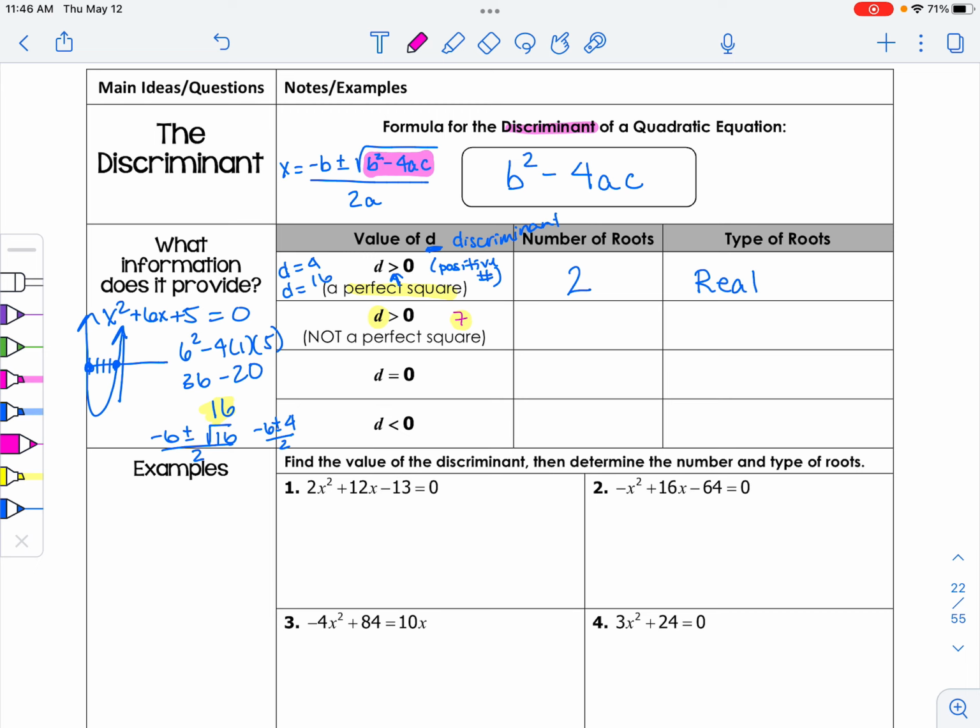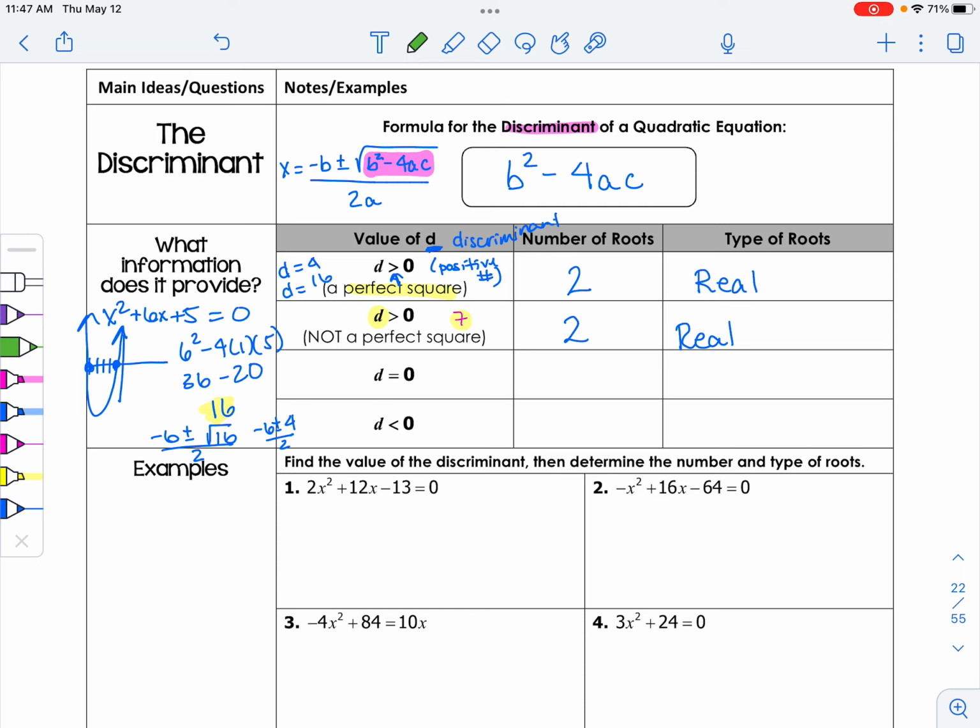So if your discriminant is still positive and not a perfect square, you still do have 2 roots. They are still real. They're not imaginary. They do touch the x-axis in 2 spots, but we just leave them in square root form. They're not nice integers that we can plot. They'd be decimal answers.